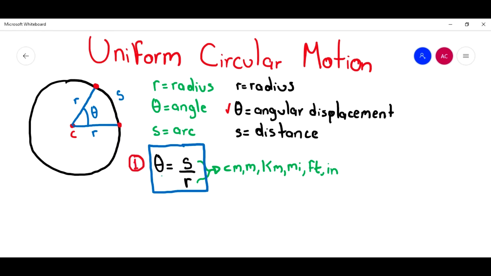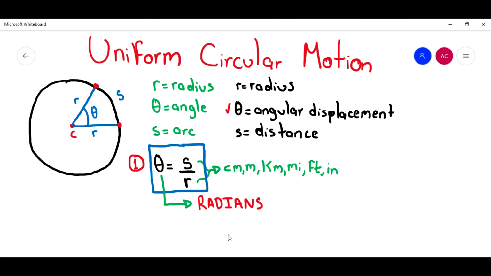The units for the angular displacement are really important. They are radians. That's very important because most of the time students get the answer wrong because they write degrees.